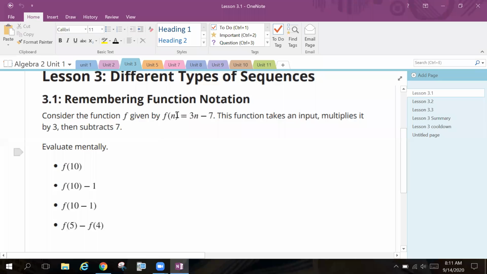When it's in the parentheses, that's the number that you're substituting for n, and solving. This is our function, 3n minus 7. Something's coming into the function for n. You're solving it with this function rule and coming out with a new output. That's what's happening. So right now, take 5 minutes and work through these 4 examples.